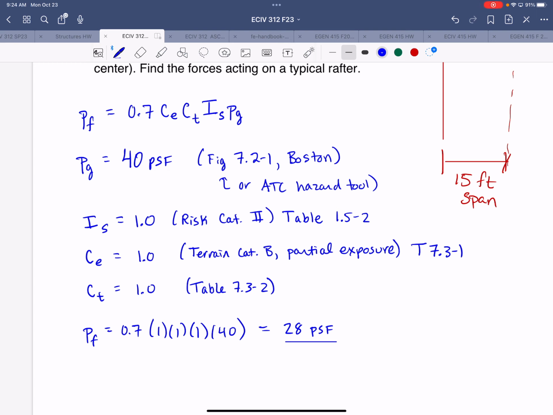I see some no's, some yeses. Steeper than 10 degrees, right? Yeah, it's definitely steeper than 10 degrees. So the ASCE minimums don't apply. Those are only for lower, flat sloped roofs.